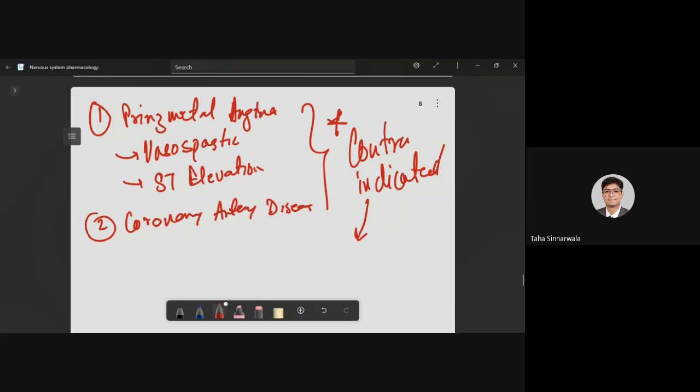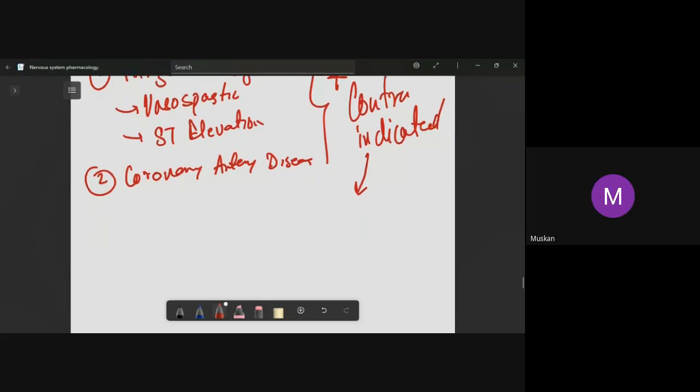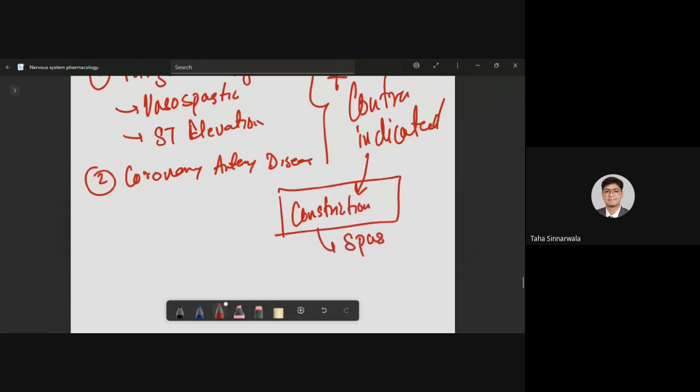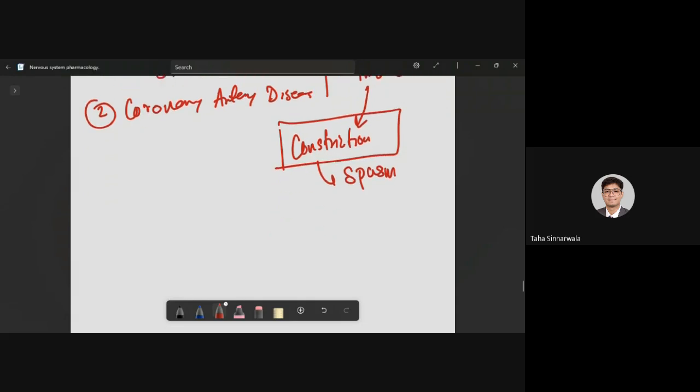Why do you think they're contraindicated? Because I think they exacerbate. Constrict. Yes, they can cause constriction, and the way they cause constriction is because of spasm. So they'll cause a vasospasm, which will lead to constriction. That could lead to ischemia and a lot of bad things. So you just want to avoid triptans for anyone who has coronary artery disease, or the patient has, let's say, Prinzmetal angina, which is also called vasospastic angina. So you really want to avoid these medications for them.